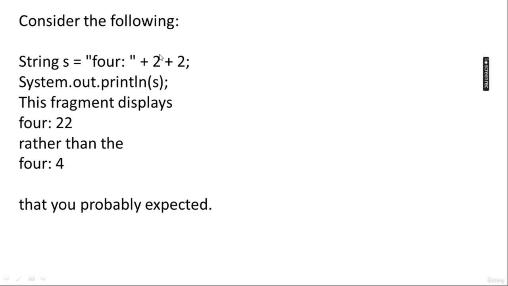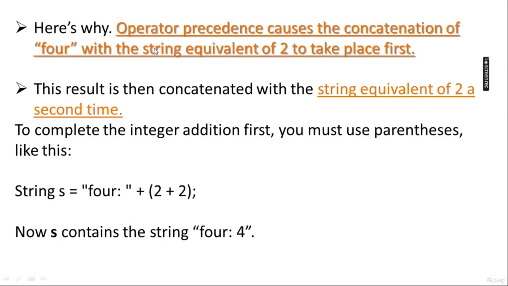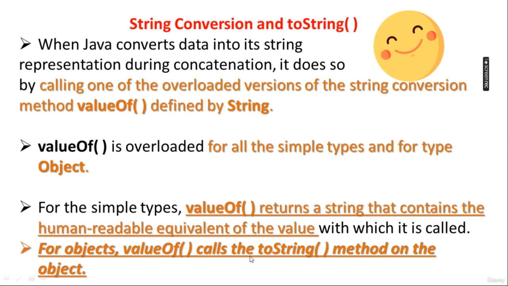What I have to do is give parentheses here. Operator precedence causes the concatenation of 4 with the string equivalent of 2 to take place first. This result is then concatenated with the string equivalent of 2 a second time. So what I have to do is use parentheses, and that will result in 2 plus 2 equal to 4.